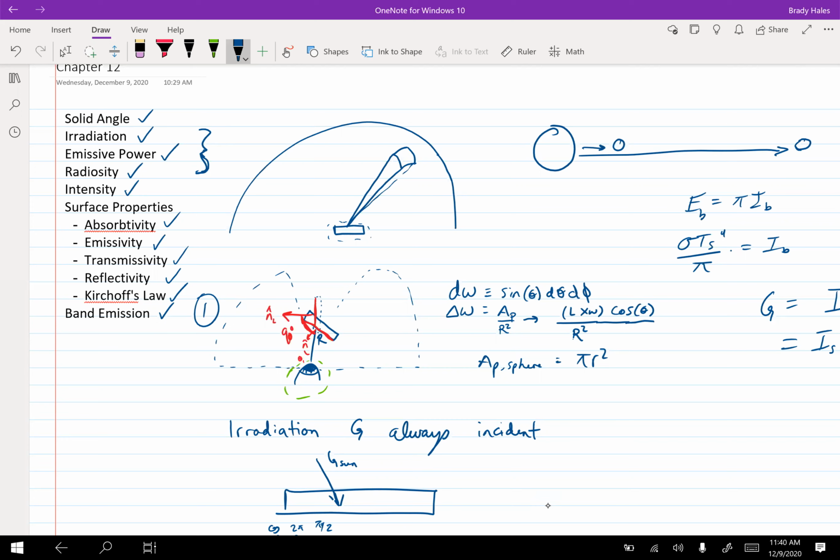So there's things like that, and that was demonstrated in the difference between the sun and Mercury and the sun and Pluto, and how that affects the incident irradiation. So remember, irradiation is always incident on the surface, it's always hitting the surface. Emissive power, that's anything with a temperature greater than 0 K, is emitting some sort of power.